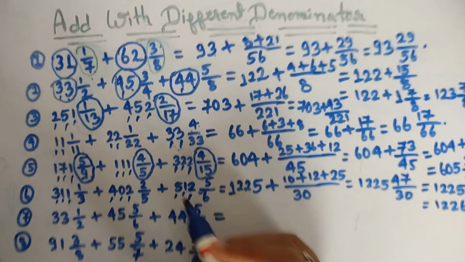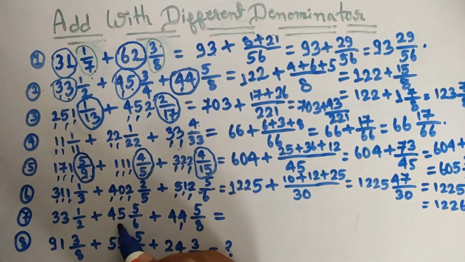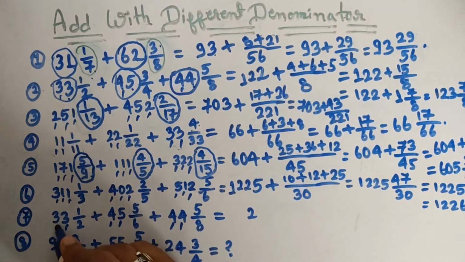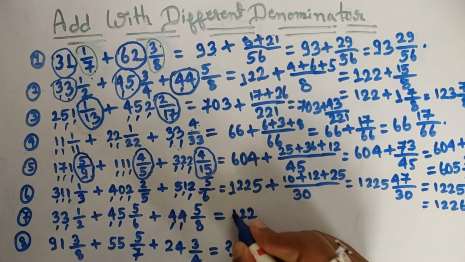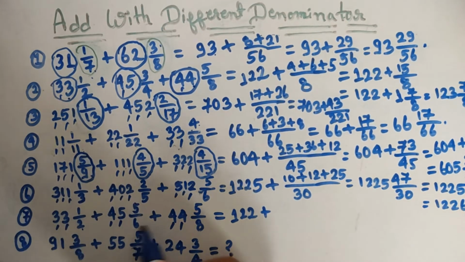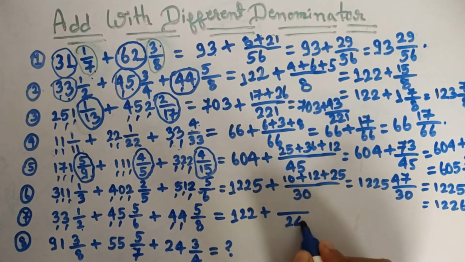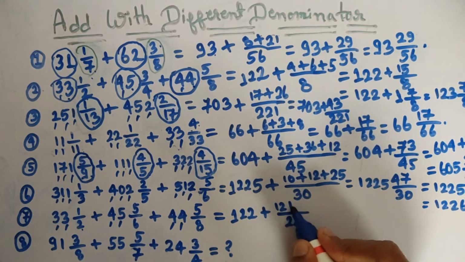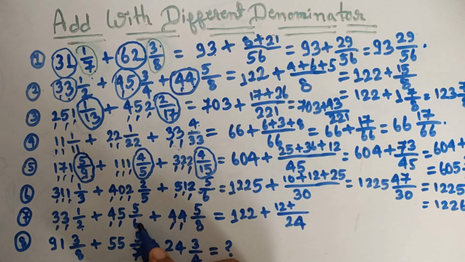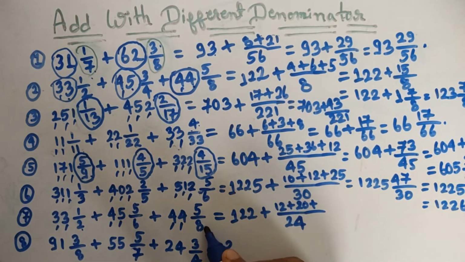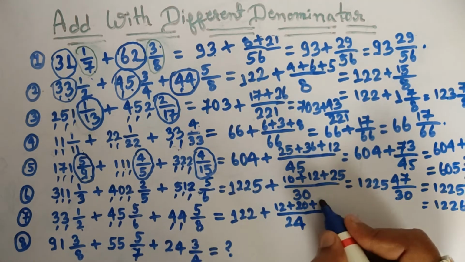So come to the next question. Add the simplest form. 4 plus 5 is 9, 9 plus 3 is 12, 2 carry 1, 4 plus 4 is 8, 8 plus 3 is 11, 11 plus 1 is 12, 122 plus. Take the LCM. The LCM of 2, 6 and 8 is 24, as you know. 24 divided by 2 is 12, plus 24 divided by 6 is 4, 4 into 5 is 20, plus 24 divided by 8 is 3, 3 into 5 is 15.